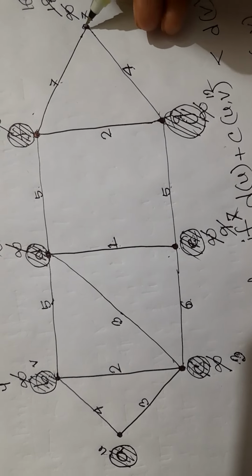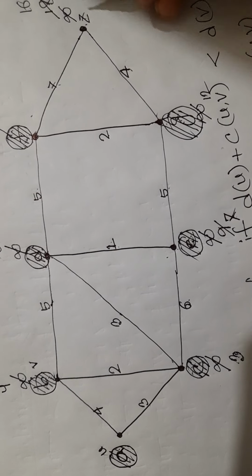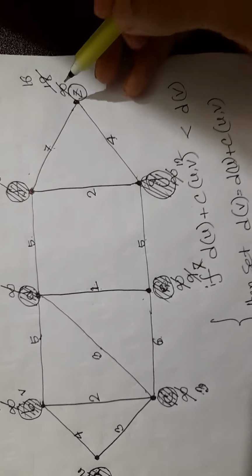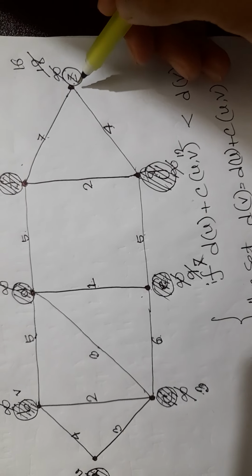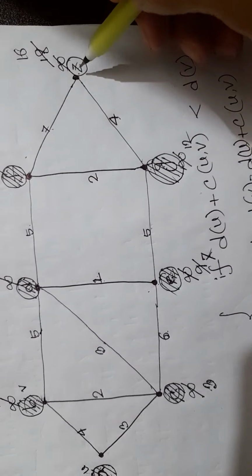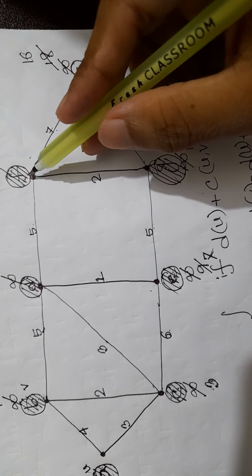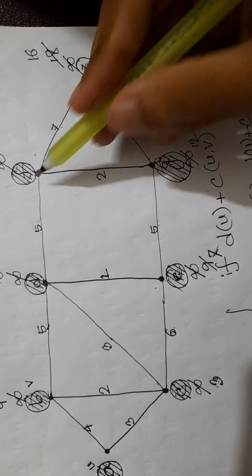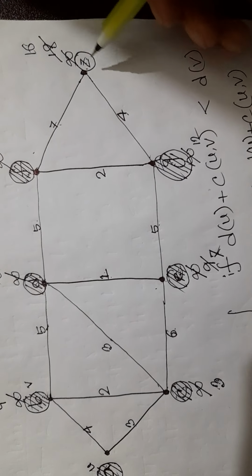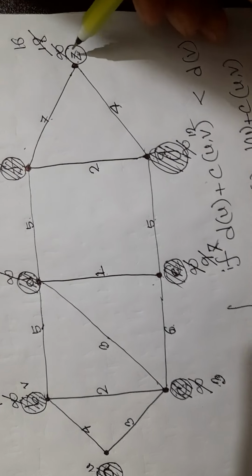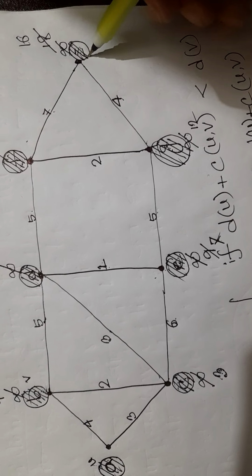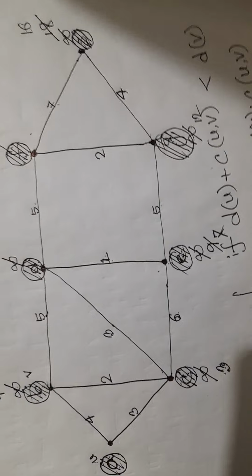Only one vertex is remaining, so Z is selected, but we can't visit any vertex because all the vertices are already selected. So Z is completed.